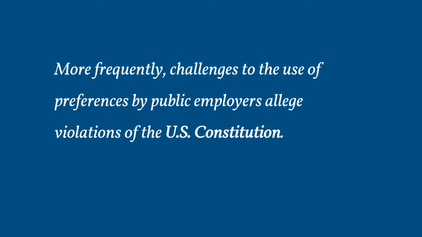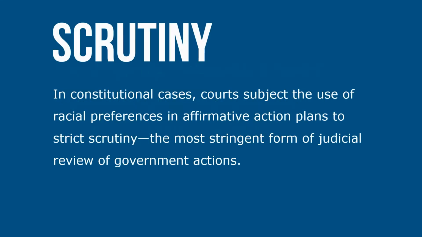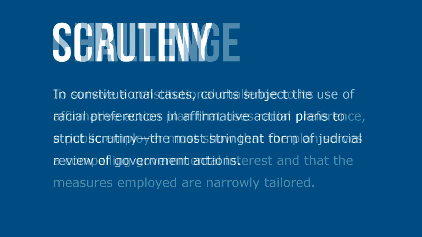More frequently, challenges to the use of preferences by public employers allege violations of the U.S. Constitution. In constitutional cases, courts subject the use of racial preference in affirmative action plans to strict scrutiny, the most stringent form of judicial review of government action.